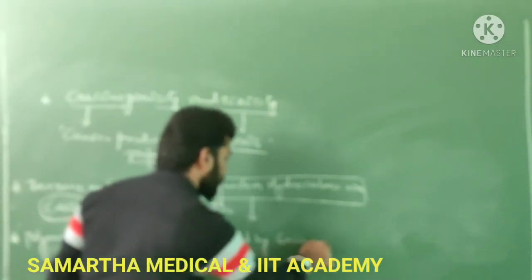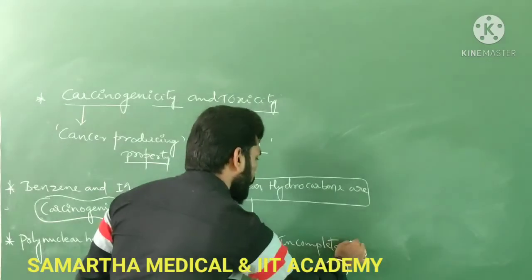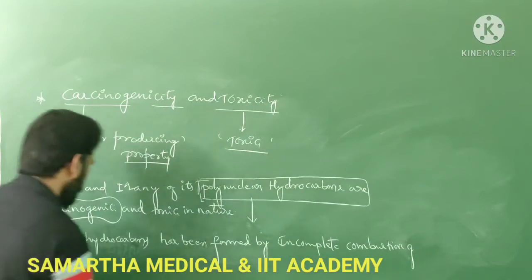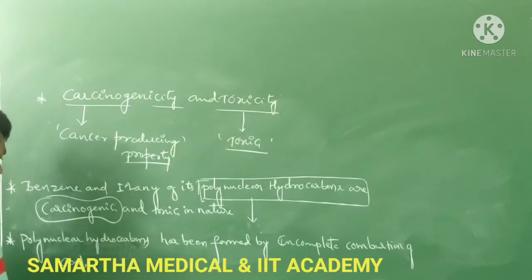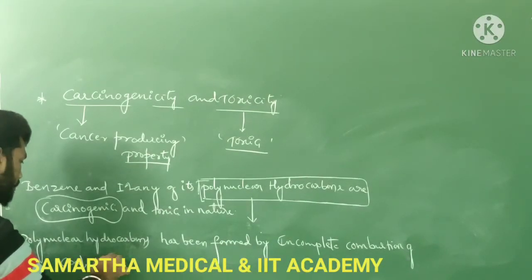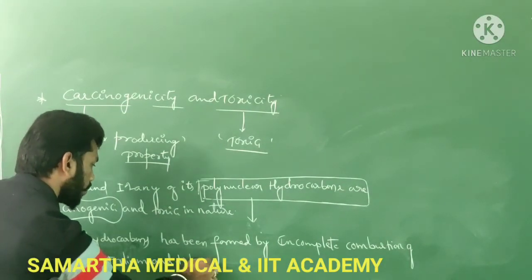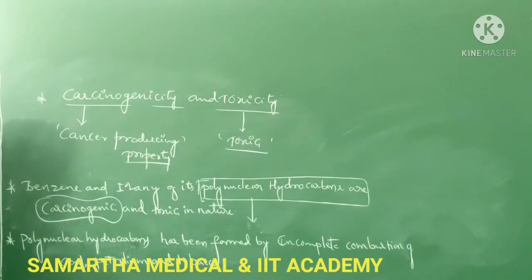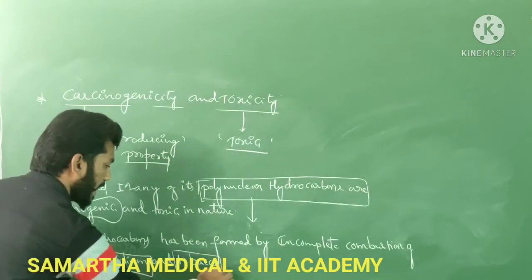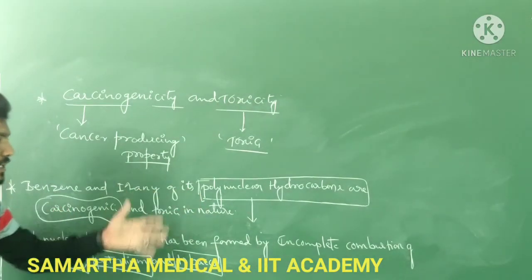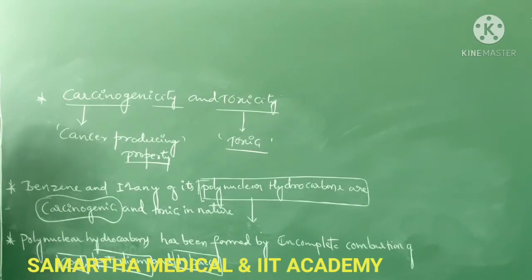Most important, guys, this particular term: incomplete combustion of coal, petroleum, and tobacco. So polynuclear hydrocarbons are formed by incomplete combustion of coal, petroleum, and tobacco as well. Only then are polynuclear hydrocarbons formed, and they are responsible for the carcinogenic nature.